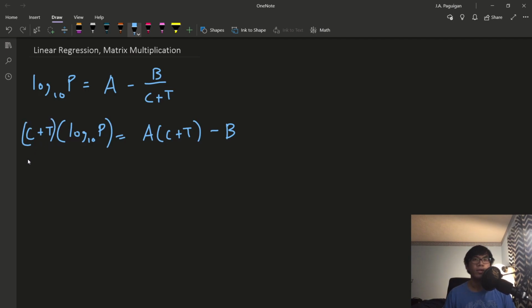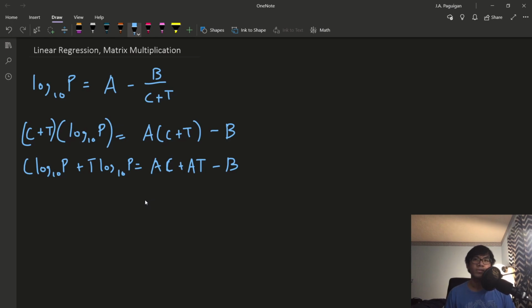We have C log base 10 of P plus T log base 10 of P, and then AC plus AT minus B. So if we multiplied everything out, it seems like it's gonna be pretty rough how we're gonna isolate everything, since we have pressure and temperature here, but we also have this pressure here. So we're gonna have to do some mixing around and a little reorganization to see what we can do.